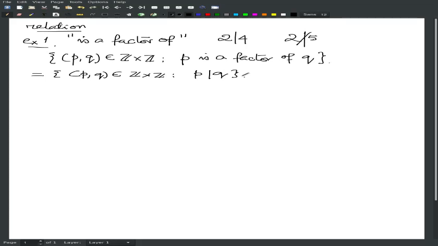We are just collecting those pairs in Z cross Z such that the first coordinate is a factor of Q. Therefore, it is immediate that 2, 5 doesn't belong to this set, but 2, 4, 3, 6, 2, 8, they are all in this set.